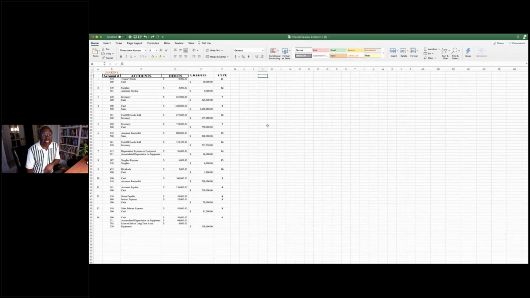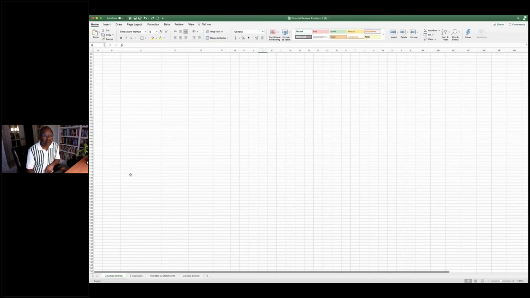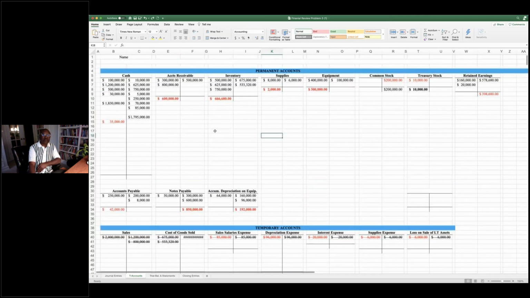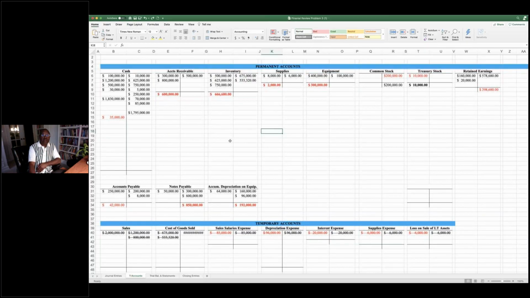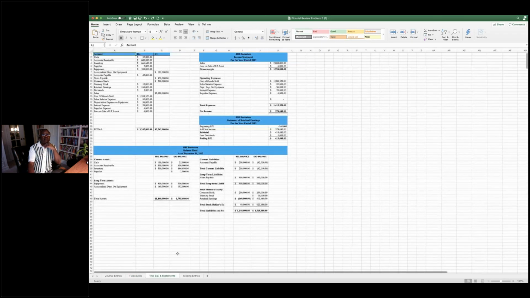So these are the journal entries, the T accounts. Somebody put some things in here from somewhere. You come up with your balances, and then once you do your balances, you've got to come up with what comes next. Your trial balance. And it's supposed to balance.